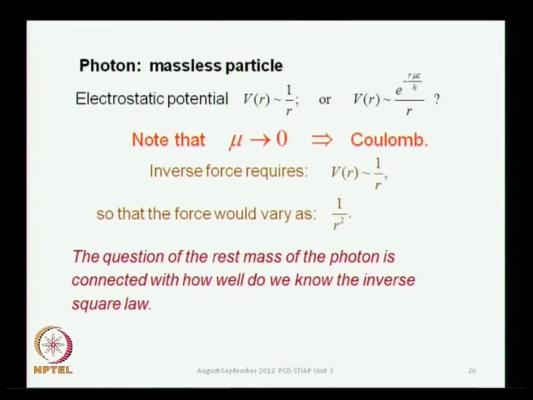And this is what I implied when I said that the question of rest mass of a photon is intimately linked to how accurately we know the Coulomb's law. If it was any different, then it would require a mass which is non-zero.